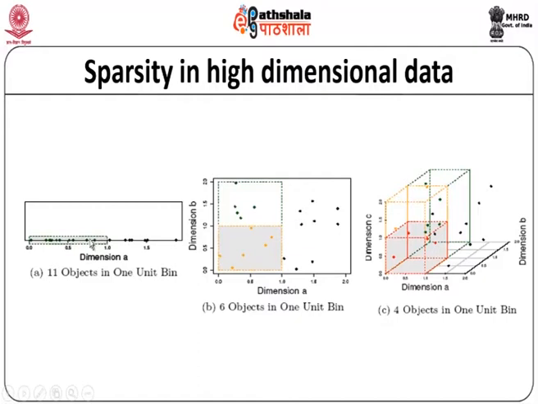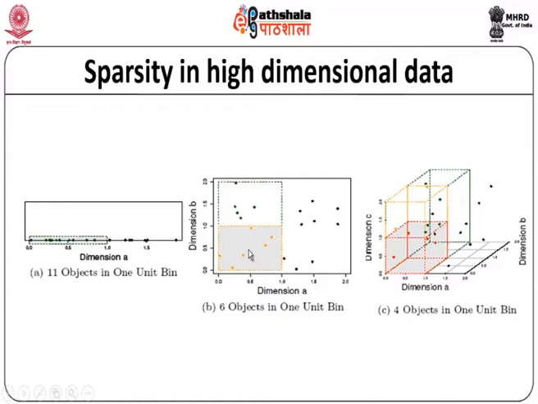Suppose I add one more dimension to this dimension A, what happens is the same 11 data points now get stretched out, and here in this figure you can see the 11 data points indicated within this box, but you find the 11 data points now split into two sets, one set indicated using the green shade and another set using the yellow shade.